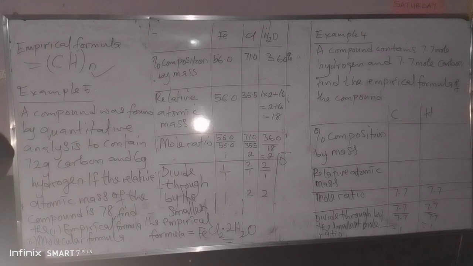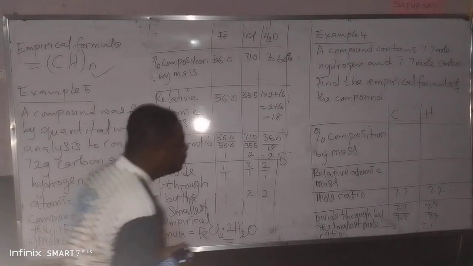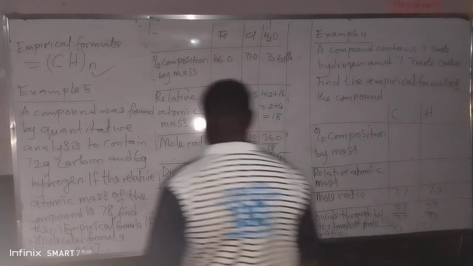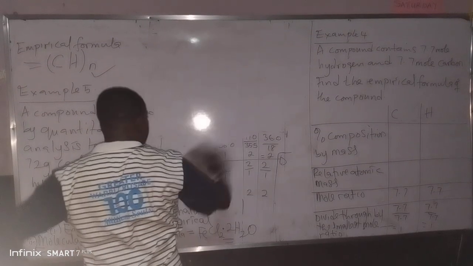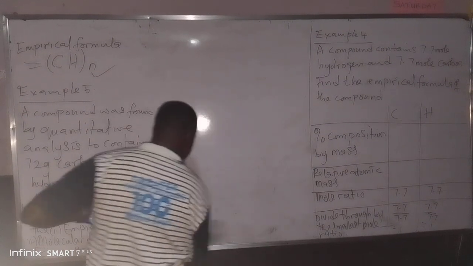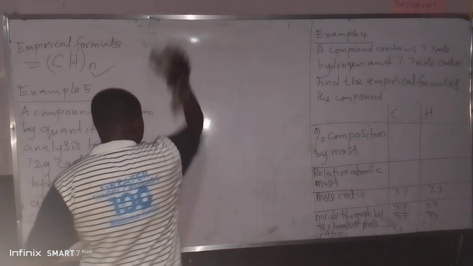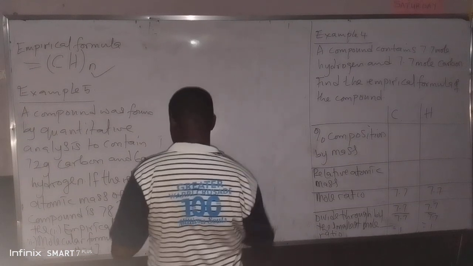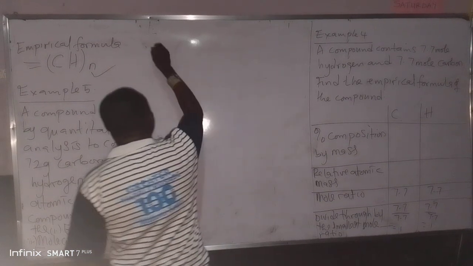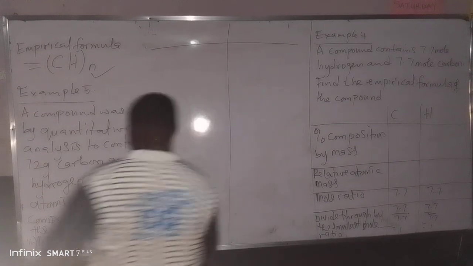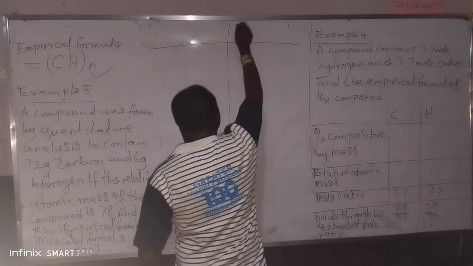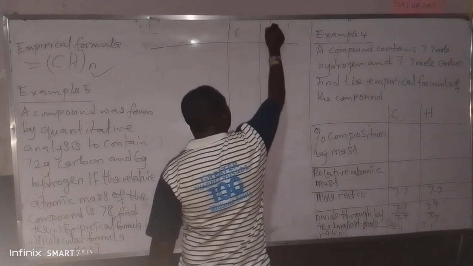Here you are given C equals 12, H equals 1. So that's what you are given. You want to solve this problem, so what do we do? We do our table. We put carbon here, hydrogen here.